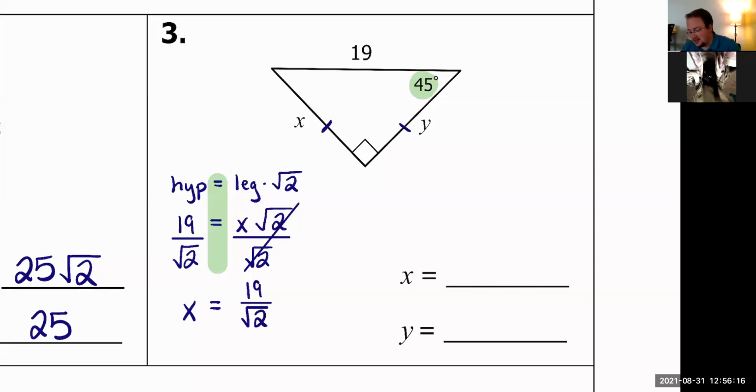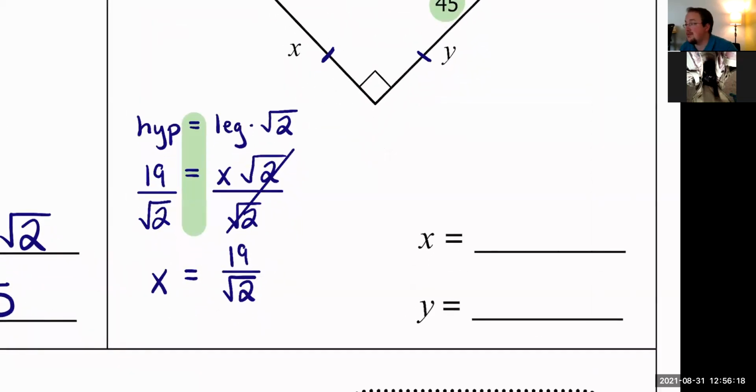So the trick is we need to multiply it by essentially a fancy form of 1. Well, the fancy form of 1 would be the square root of 2 over the square root of 2, because when you have any number over itself, it equals 1, right?